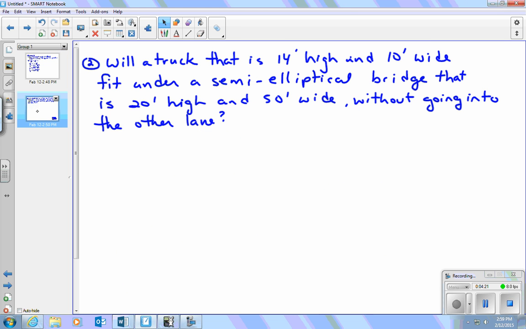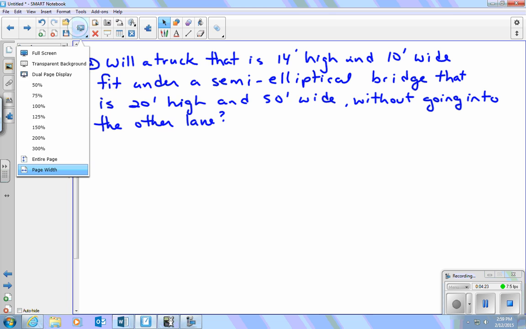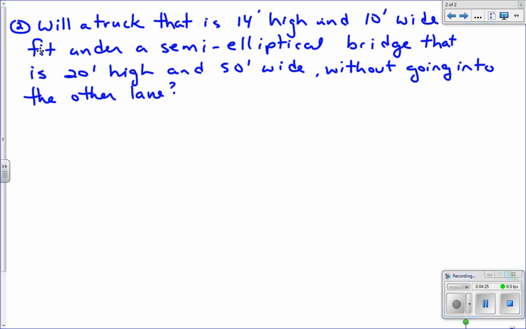We're going to look at another application here of seeing if a truck will fit under an elliptical bridge. We've got a truck that's 14 feet high, 10 feet wide, and we want to know if it'll fit under a semi-elliptical bridge that is 20 feet high and 50 feet wide without having to go into the other lane.